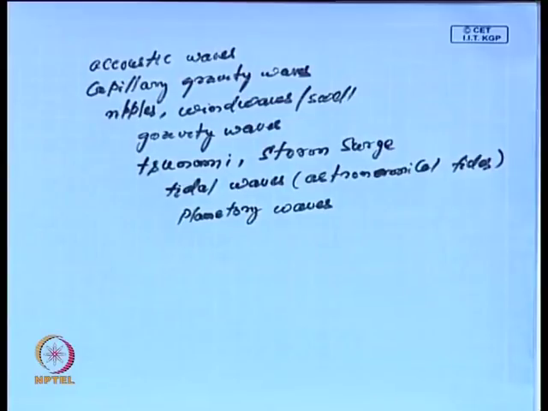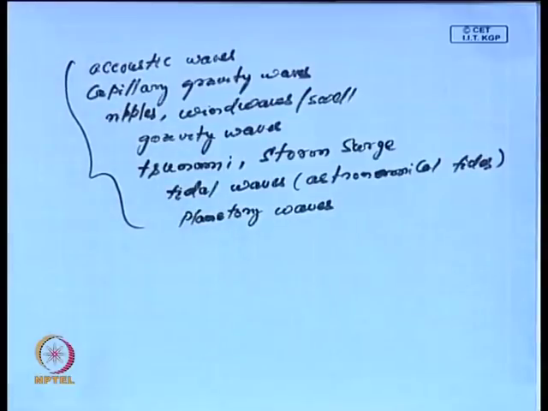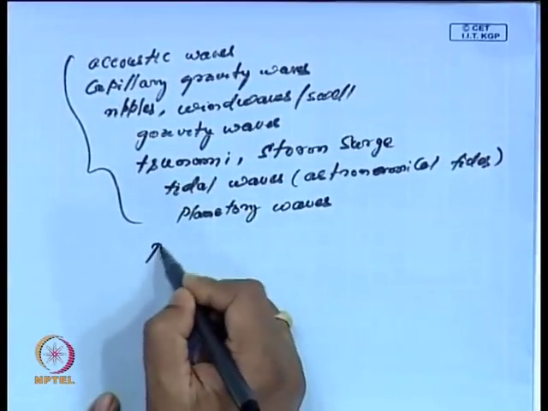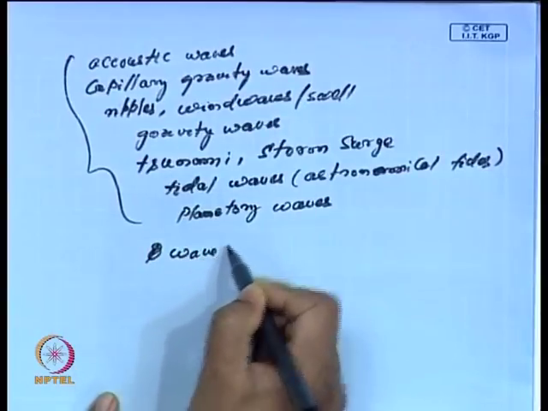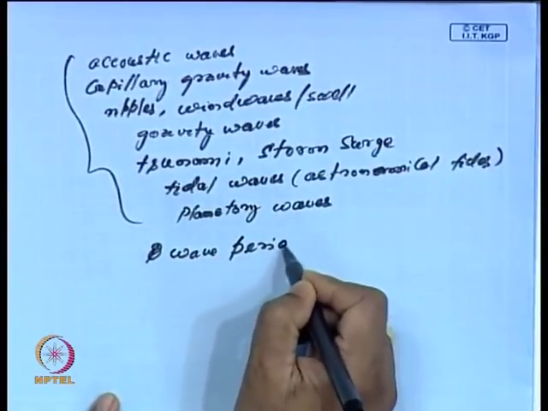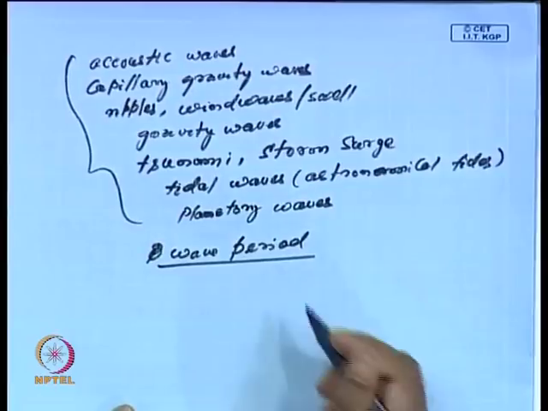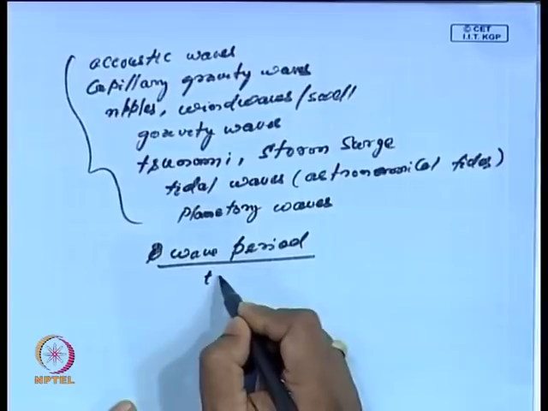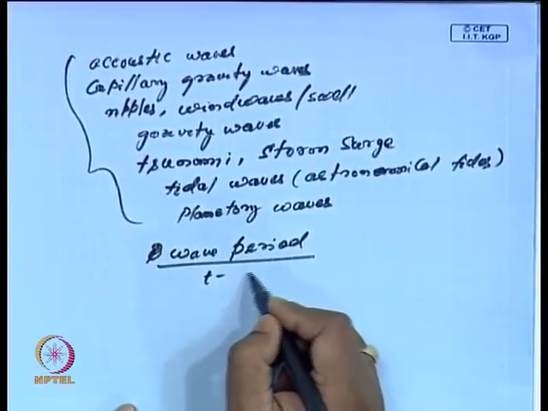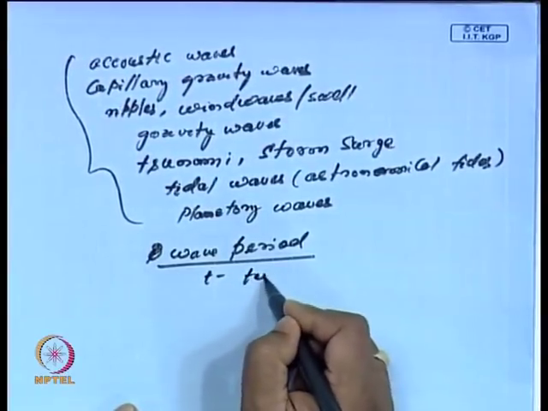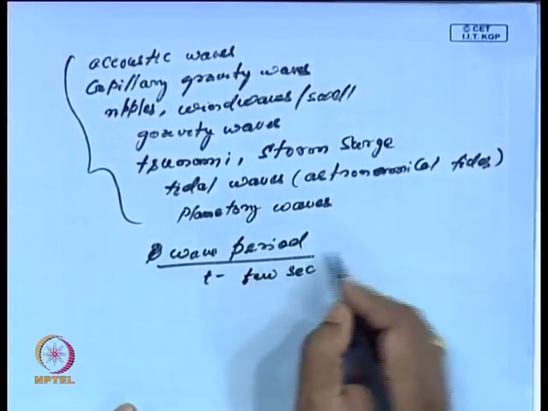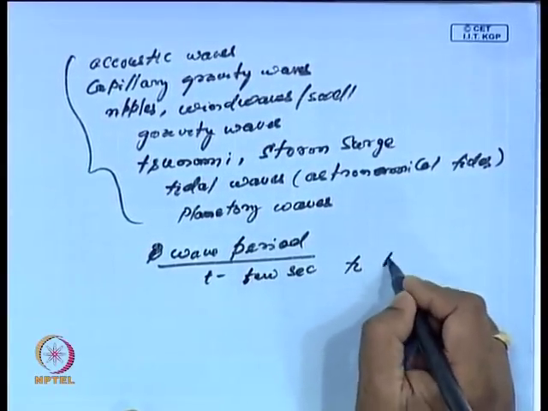If these are the various types of waves, the question always comes: what is the typical period of these waves? Depending on the type and nature of the wave, the wave period can vary from a part of a second to a few days.